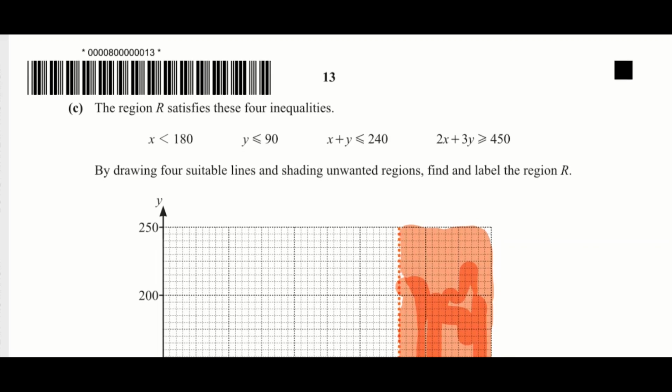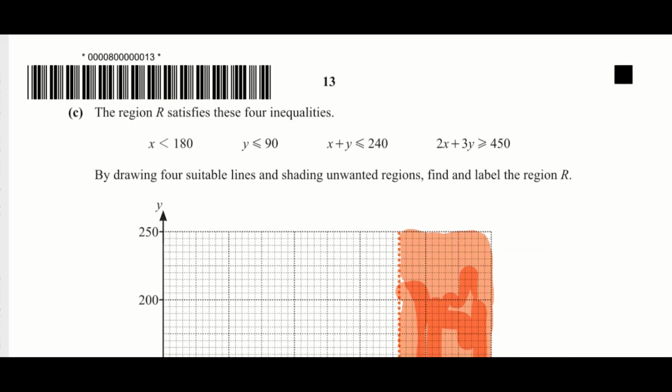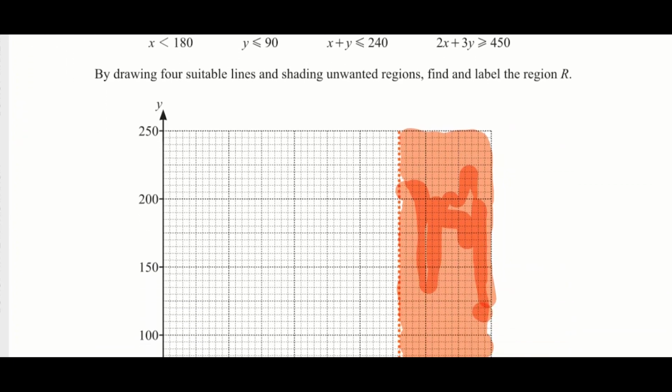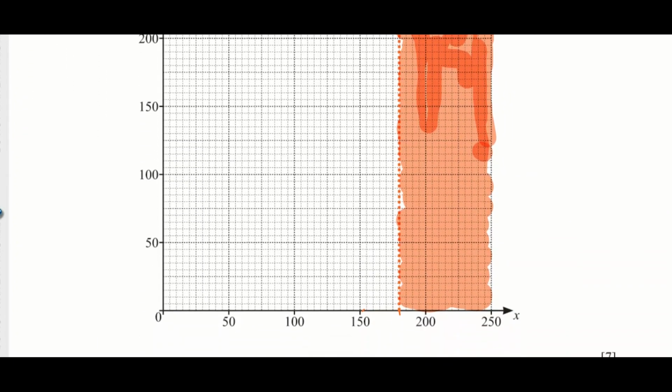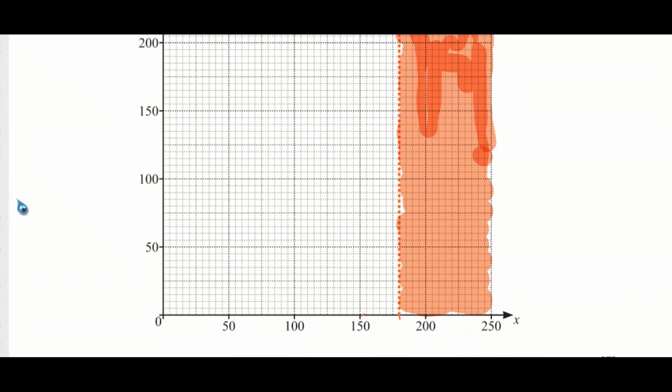y is less than or equal to 90. Okay, so y is less than or equal to 90. So 90 will be here. Okay, so each value here we have 5. So this is 10, we take 90 away. So this is the needed line. So here.